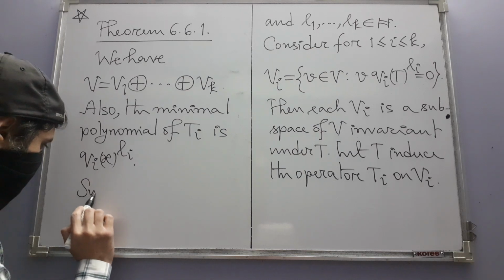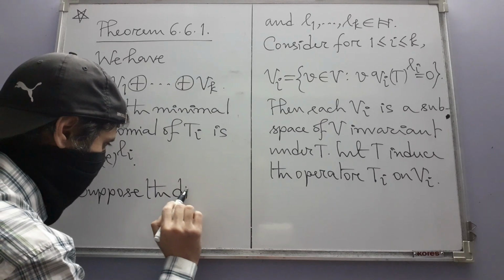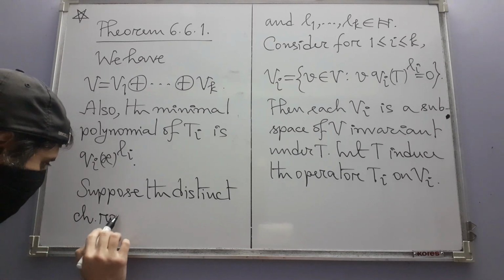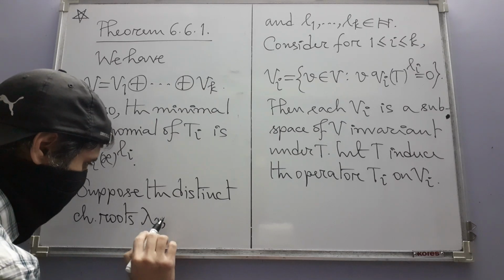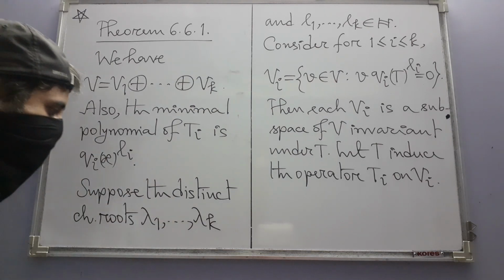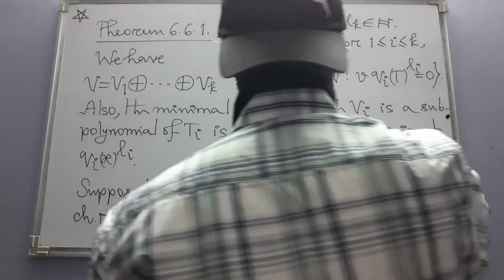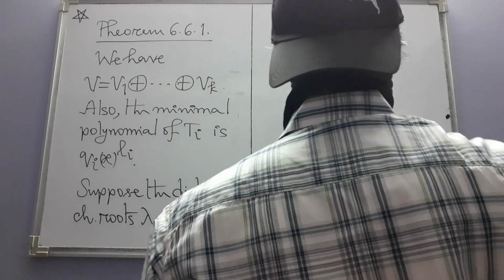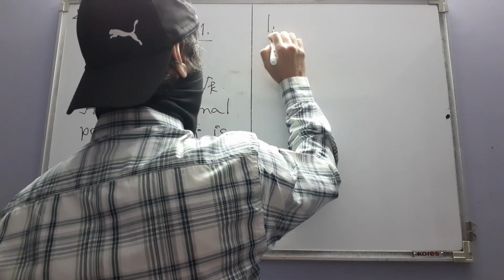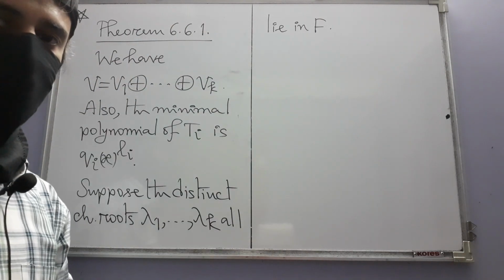Now suppose the distinct characteristic roots all lie in F. Then we know how the factorization of the minimal polynomial P of x is going to look.